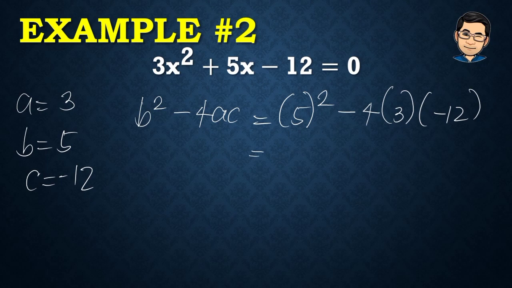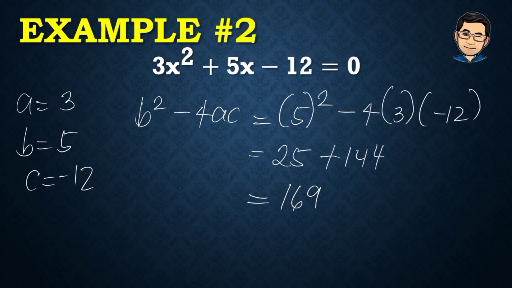Next, 5 squared, that is 25, and then negative 4 times 3, that is negative 12, times negative 12, that is positive 144. So 25 plus 144 is 169.